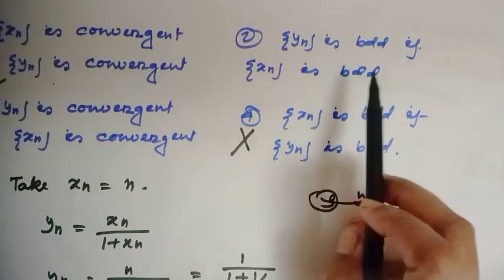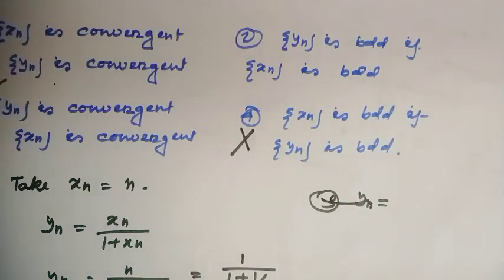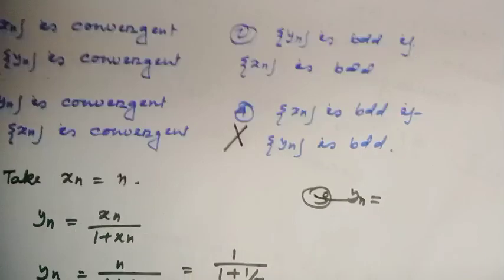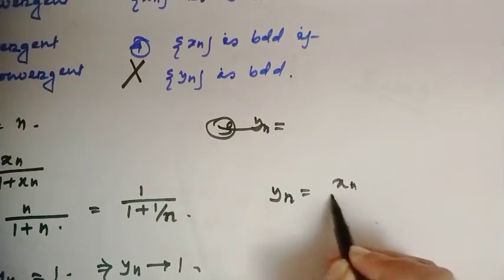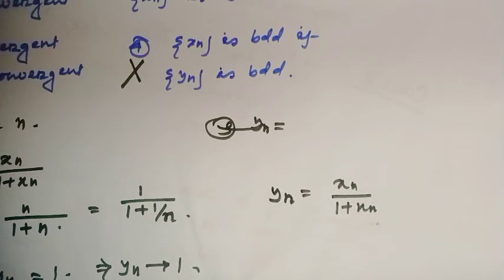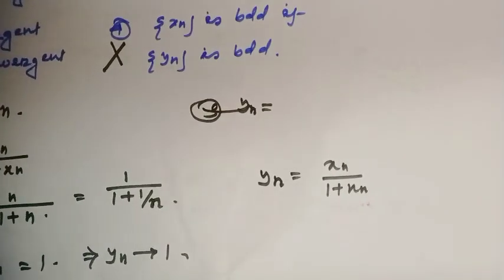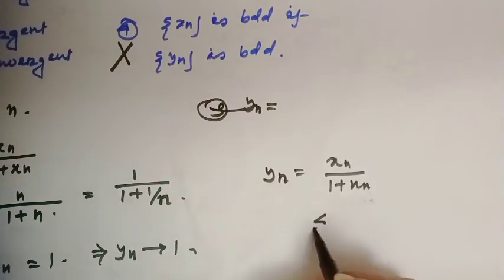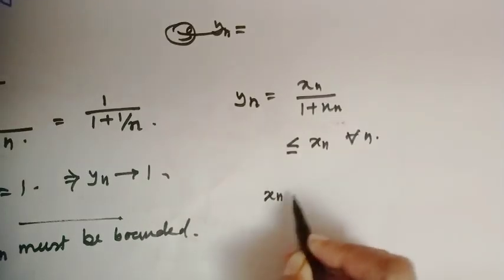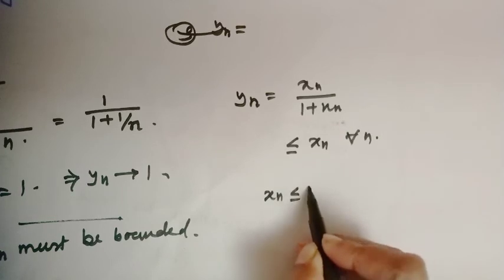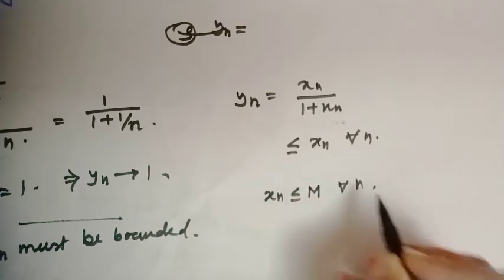Second option says yn is bounded if xn is bounded. yn equals xn over 1 plus xn. Since xn is a sequence of positive real numbers, this is less than or equal to xn for all n. And given xn is bounded, that means xn is less than or equal to a positive number M for all n.